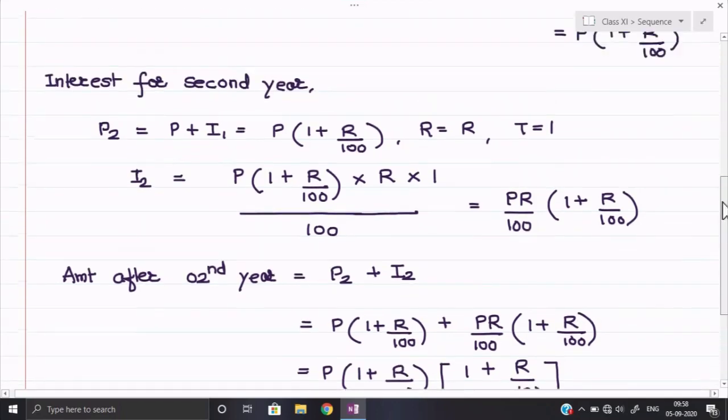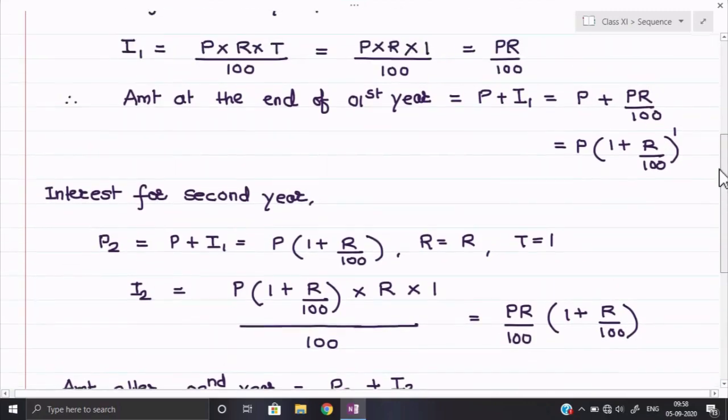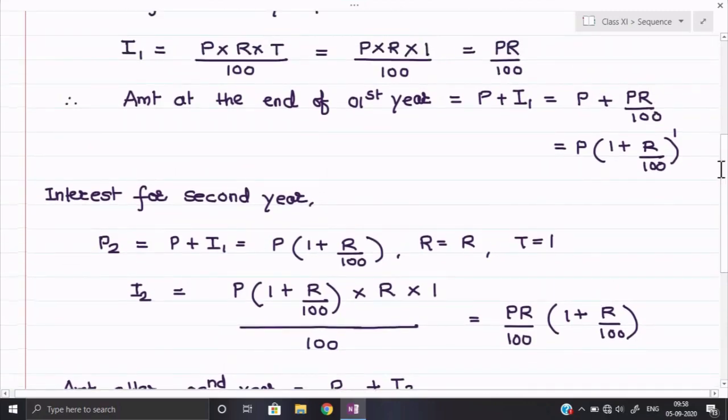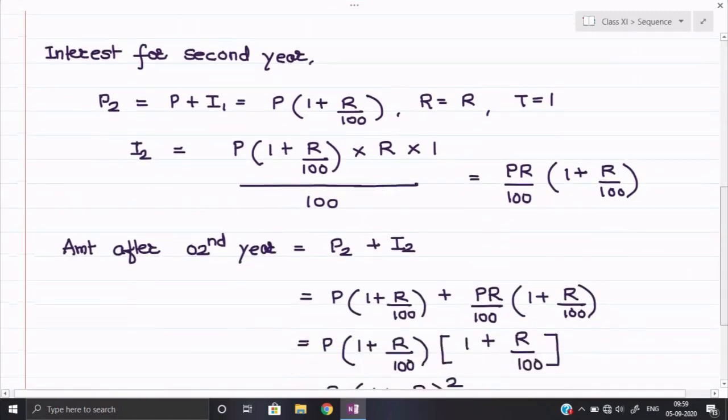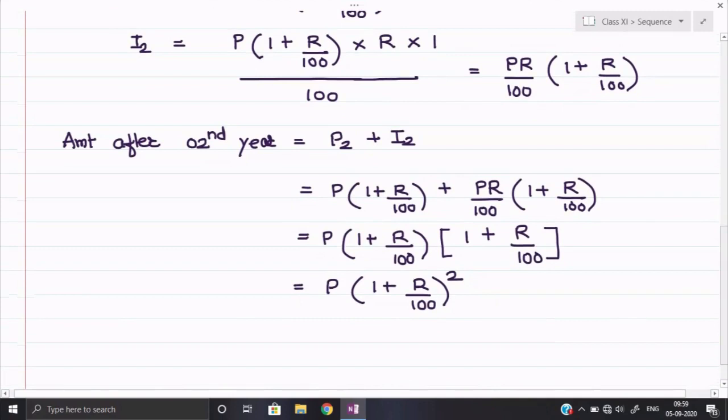See, the amount at the end of 1 year is P into the bracket 1 plus R upon 100 whole power 1. And the amount at the end of the second year is P into 1 plus R upon 100 whole power 2.